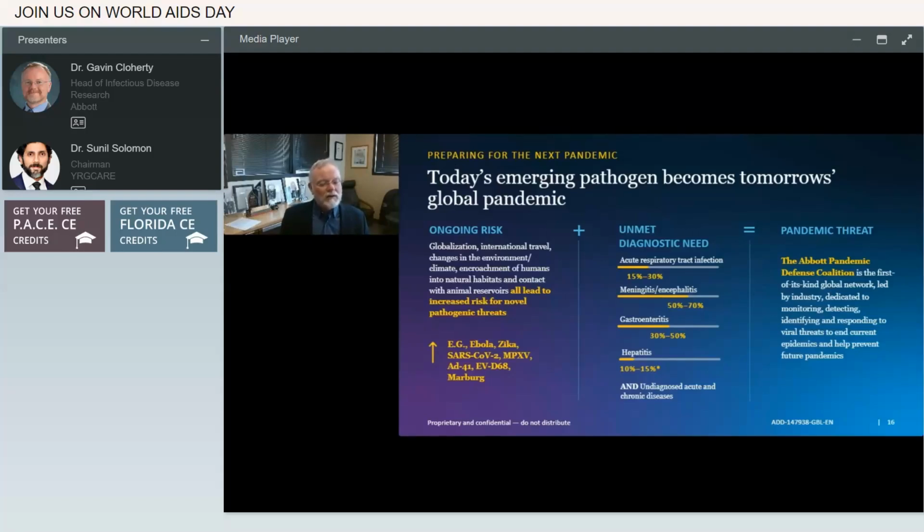What is causing these illnesses? To meet this challenge and to try and understand this, Abbott has developed a first of its kind Pandemic Defense Coalition, a network of experts working to try and identify interesting cases which could be an emerging or re-emerging pathogen, and to try and ring fence these outbreaks to try and prevent the next pandemic.